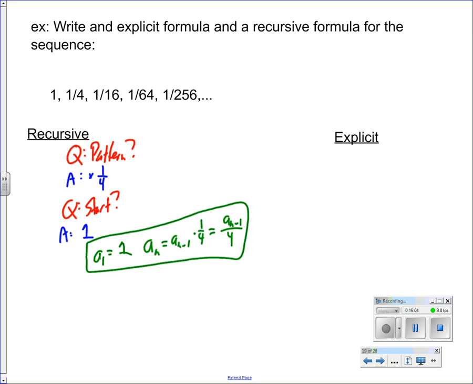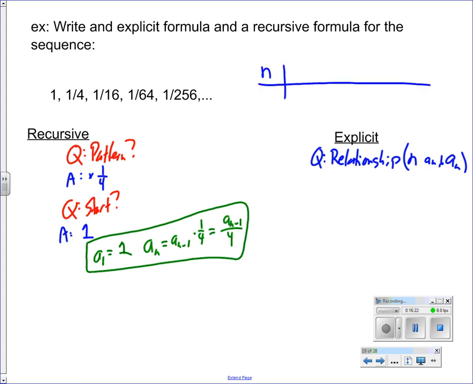So for my explicit, again, I want to look at the relationship between n and an. How does the term number relate to the term? So our first term is 1, second term is 1/4, third is 1/16, fourth is 1/64, and our fifth term is 1/256.